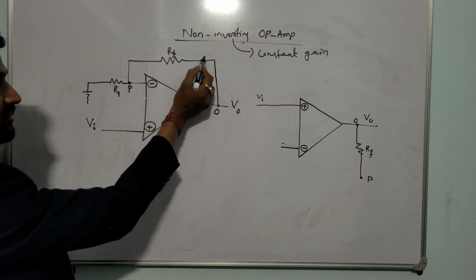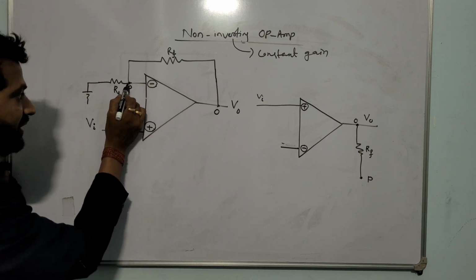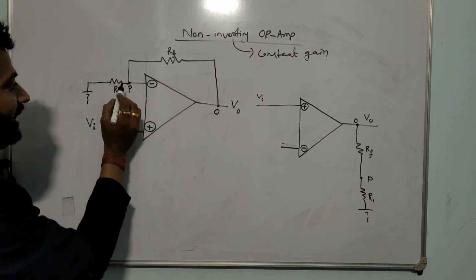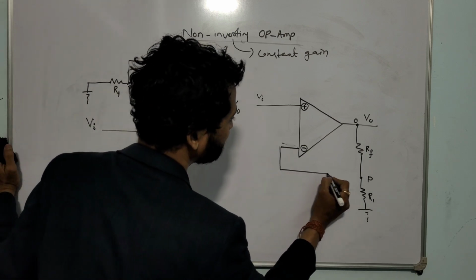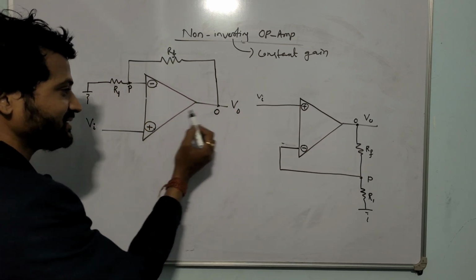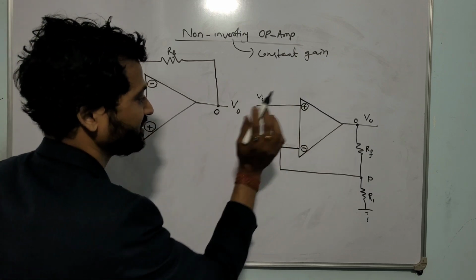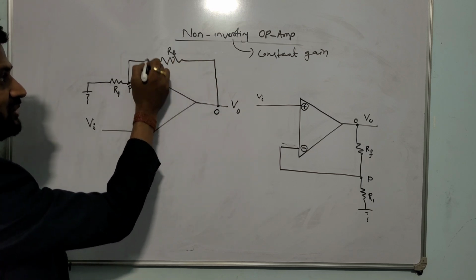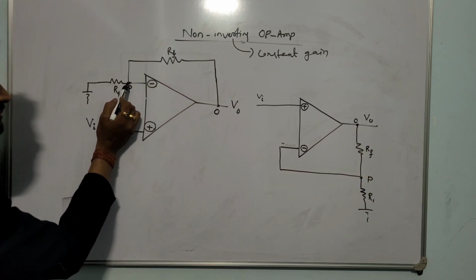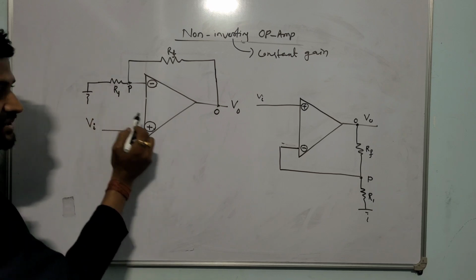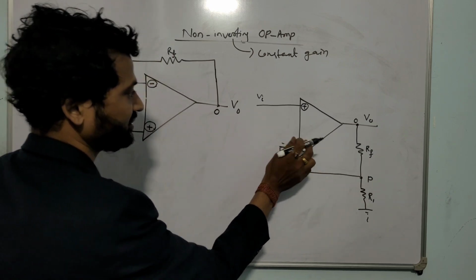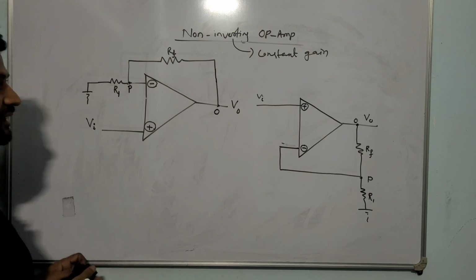O is the output voltage, and from O to P I'm connecting a resistance. Now P to ground through a resistance R1, and P is connected to the negative terminal. Any doubt? It's very easy. First you make the triangle, plus and minus, Vi is given to plus. Then check here, negative feedback is given through RF, meaning from O to P one resistance is there which is called RF. At the same time from P to ground one resistance R1 is there, and P is connected to the negative terminal. This is the diagram, understood.